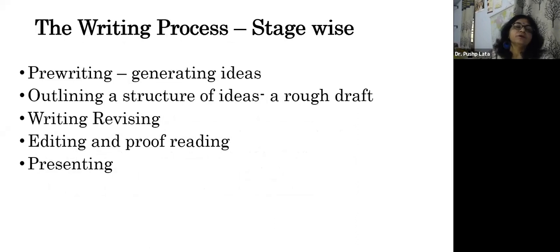Now coming to the writing process, stage wise. First, whatever comes to your mind, there is generation of ideas. Put them down. That is called mind mapping. Jot them down, and then, when you want to see the correlation, or how it is related to the other one, put the arrows.